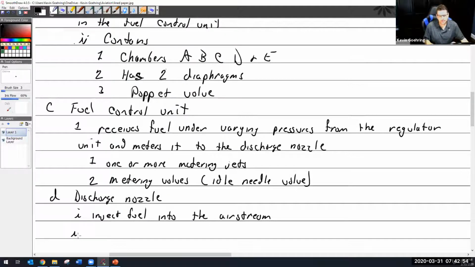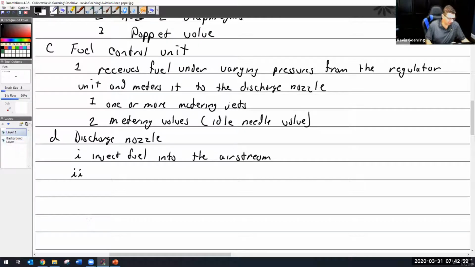We haven't talked about this yet, and our drawing does not show it, the one I've been working with, but depending on which type of carburetor, some carburetors will mix air to emulsify the fuel.